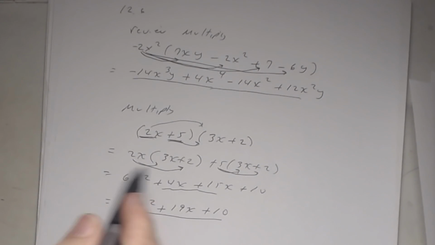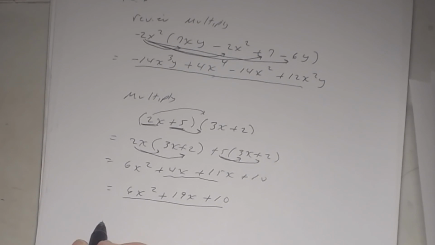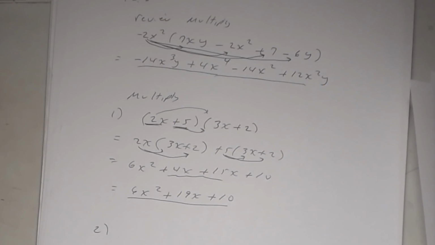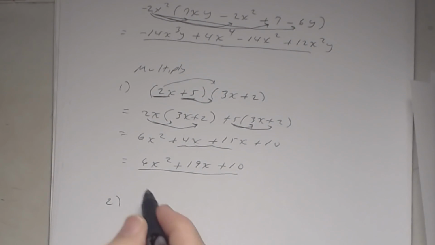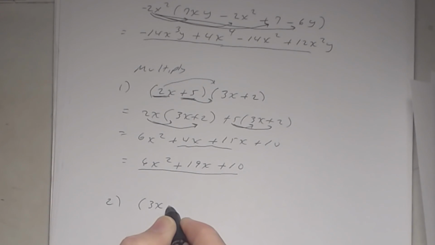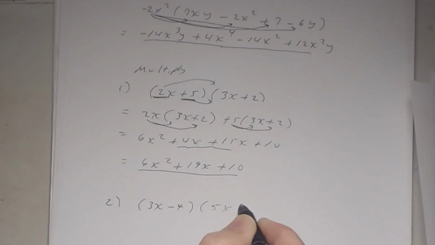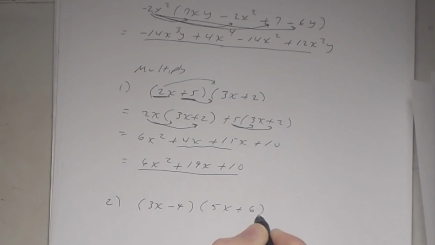All right, let's do another one with two binomials. Let's write this as number 1, and this would be number 2. This time, let's suppose we had 3x minus 4 times 5x plus 6. Let's use the distributive property.